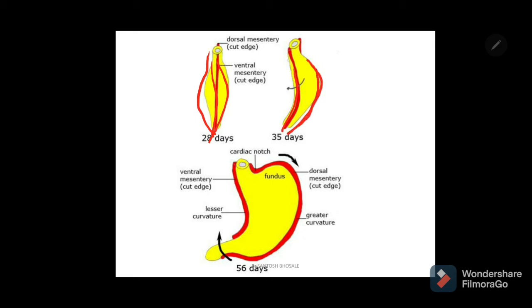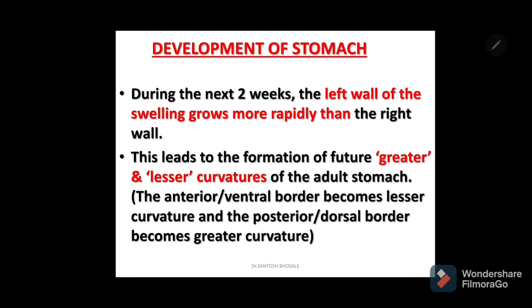The anterior border gives attachment to the ventral mesogastrium or ventral mesentery, and the posterior border to the dorsal mesentery, now called the dorsal mesogastrium. So these are the beginnings in the development of the stomach.